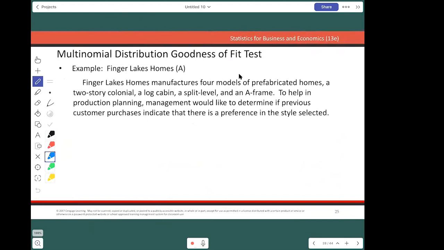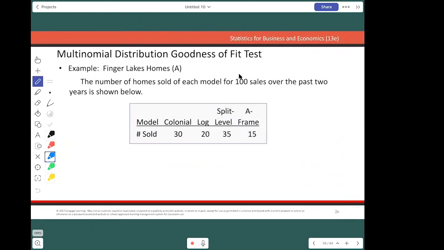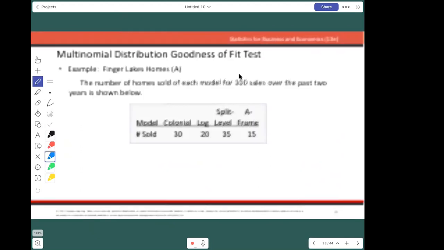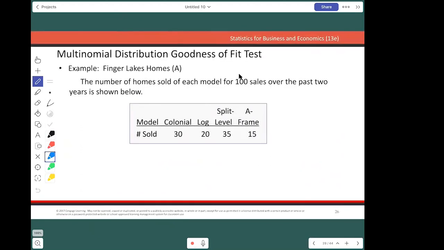So we still have the same Finger Lakes example. Let's see what we have. Example: Finger Lakes Homes manufactures 4 models of prefabricated homes, 2-story colonial, etc. To help us with production planning, determine if previous customers' purchases indicate that there is a preference in style selected.